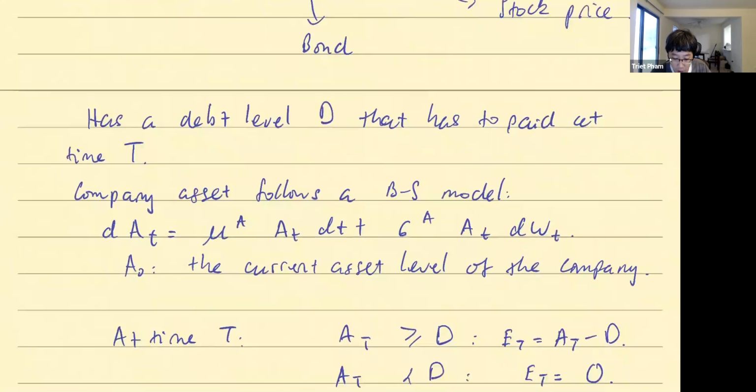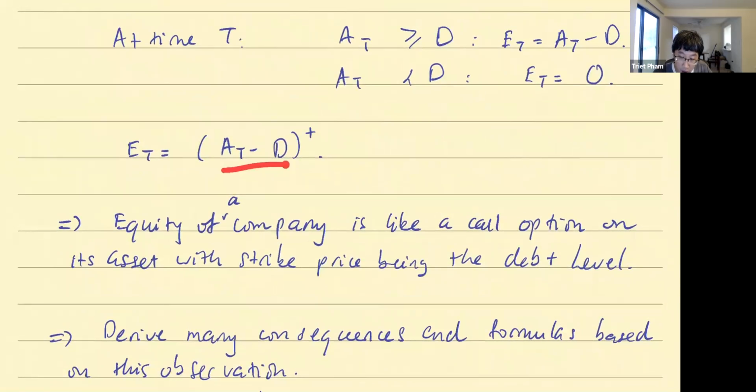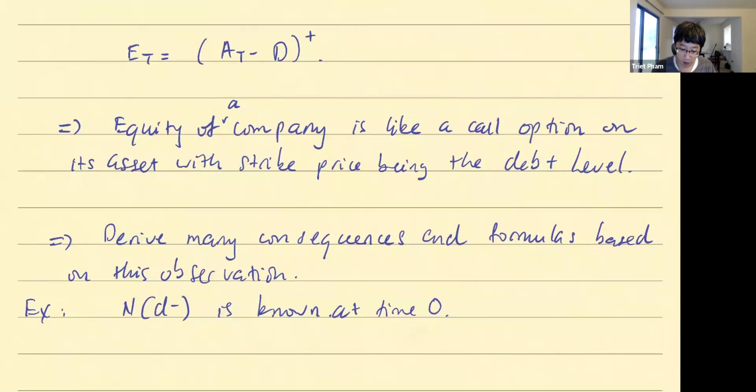Well, in this context, what does it mean for a call option to expire in the money? It really means that a company stays solvent at time T, or it does not go bankrupt at time big T. So this N(d minus) can be viewed as a risk measure of the company's performance.